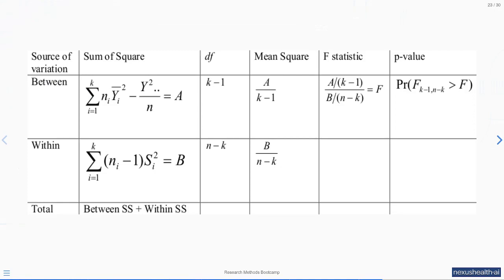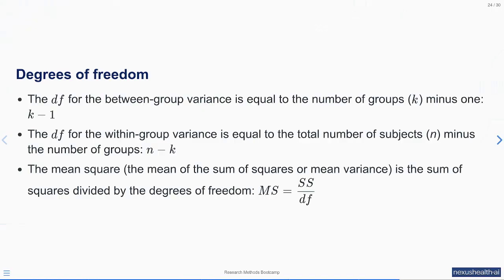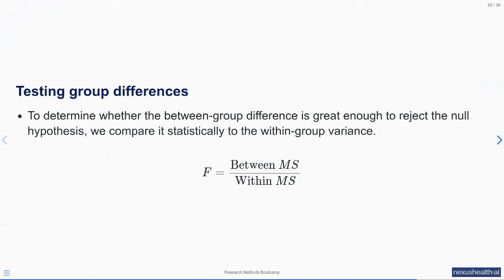And so we can see how these statistics are related. The degree of freedom for the between group variance is equal to the number of groups k minus 1. The degree of freedom for the within group variance is equal to the total number of subjects n minus the number of groups, so n minus k. And the mean square, the mean of the sum of squares or mean variance, is the sum of the squares divided by the degrees of freedom, as we see.